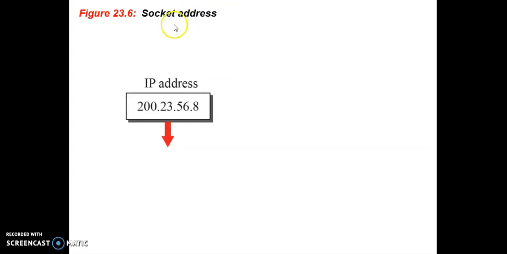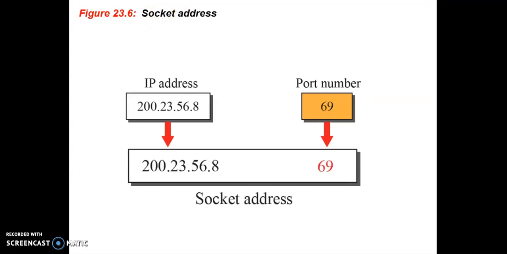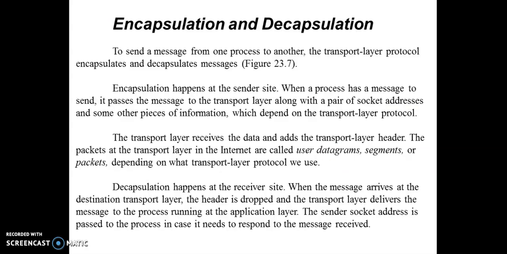A socket address is nothing but the combination of an IP address and a port number. This is the IP address, this is the port number. The client socket address defines the client process uniquely, just as the server socket address defines the server process uniquely.